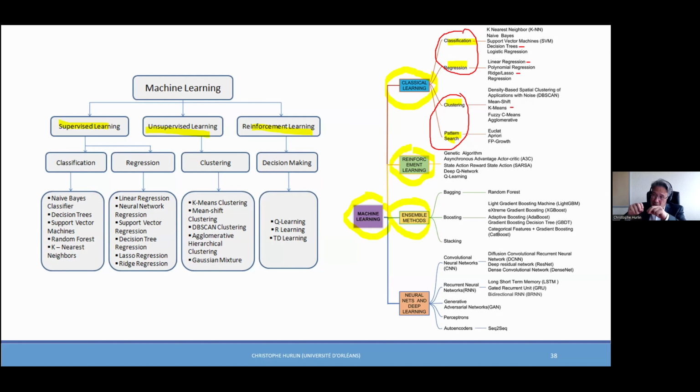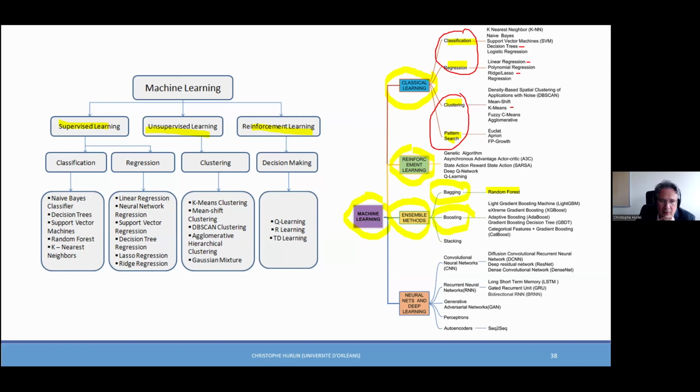It is a way to aggregate what we call weak learners to obtain what we call a strong learner, so a better learner, and we'll discuss why. Here you have two main approaches, bagging and boosting. In bagging, the main algorithm is the random forest.